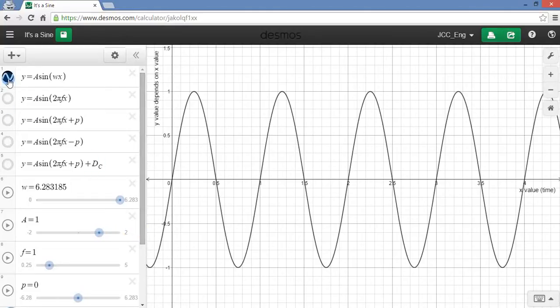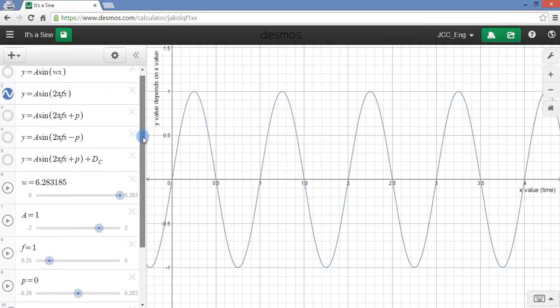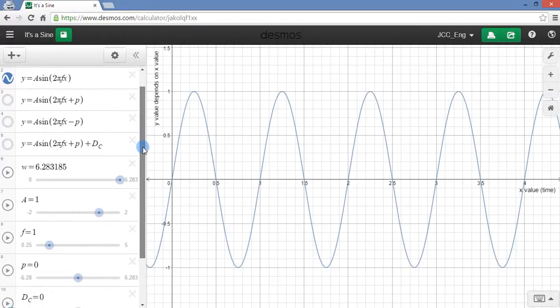From the equation y equals A sine 2 pi f x, or 2 pi f times t, where 2 pi f is omega, and omega is always 2 pi times the frequency of the sine wave. That's always true. If we increase the frequency, basically if something's more frequent, more of them happen per unit time, and a unit of time is a second.